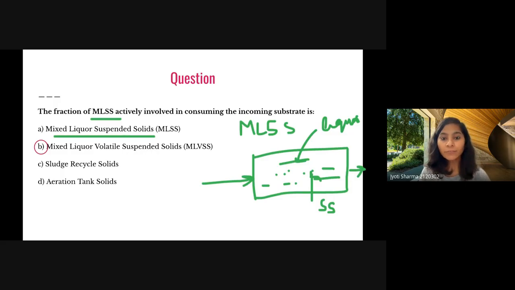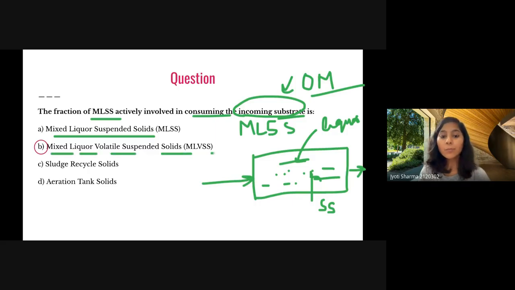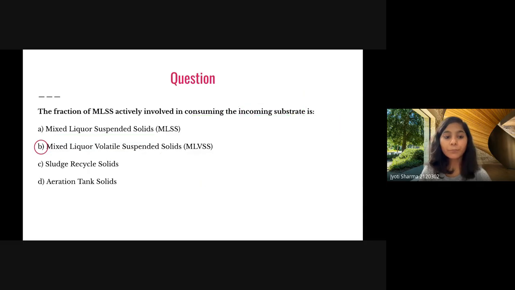But some portion will consume the incoming substrate. Polluted water has organic matter, and this organic matter is the substrate, or food, for your microorganisms. So the portion of MLSS that is involved in consuming the incoming substrate is known as mixed liquor volatile suspended solids. So B is the right option. And why is C not the right option?